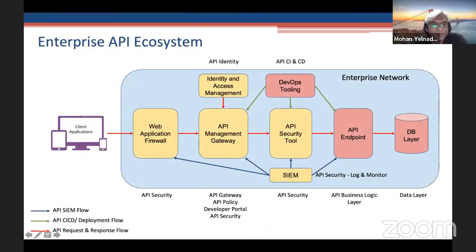Yeah, all right. So this is how a typical enterprise API ecosystem looks. On the far left, you have client applications. It could be mobile, tablet, or any other client application which is calling the API.